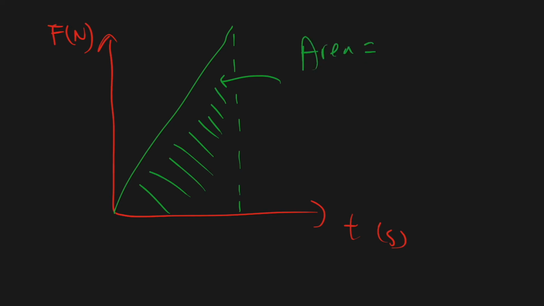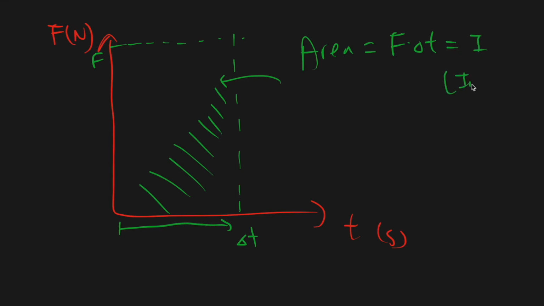Actually, let me change this picture a little bit. The area will just be equal to force times delta t. This is the area, and this is also impulse, right? And impulse is also change in momentum.